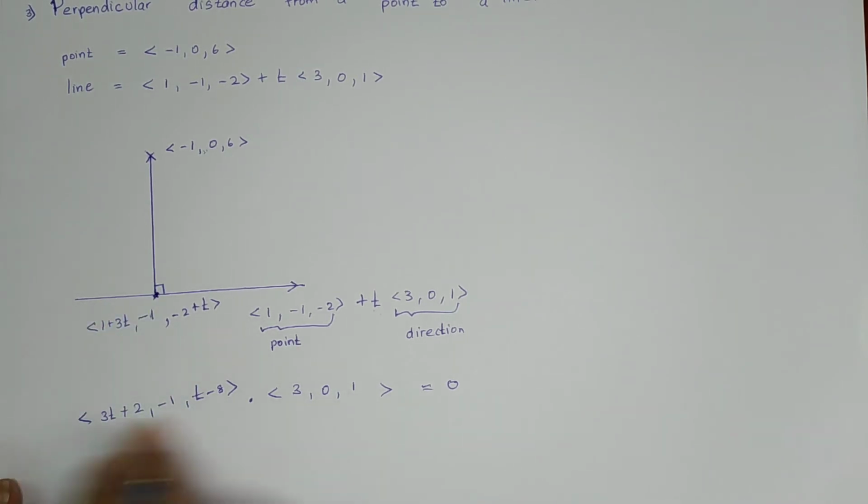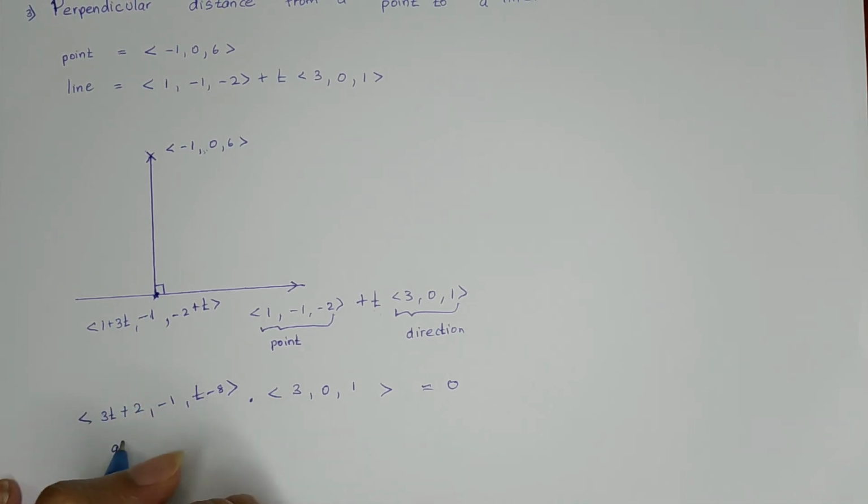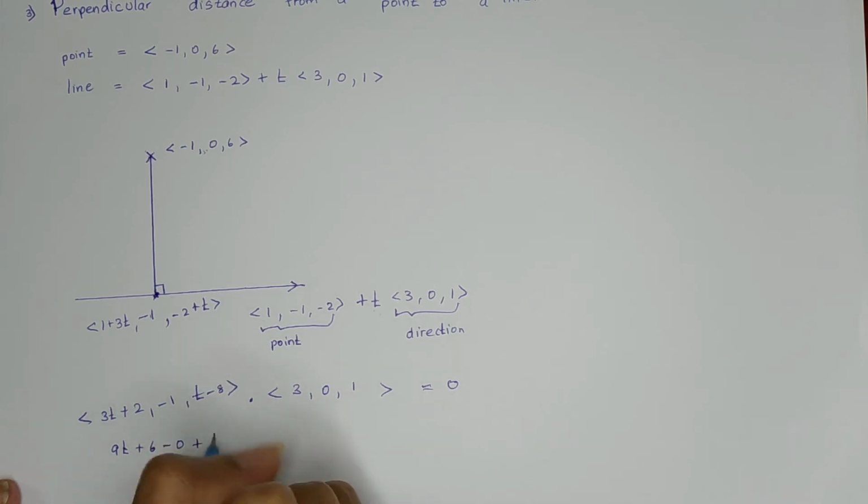If I simplify this, 3t plus 2 into 3, I'm going to get 9t plus 6. If I multiply this, minus 1 by 0, minus 0. And if I multiply this, I'm going to get t minus 8. So I'll be getting 10t minus 2, which equals 0.